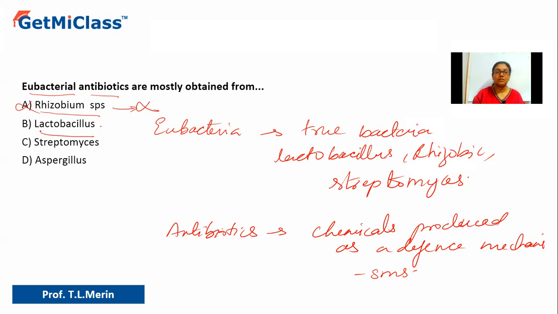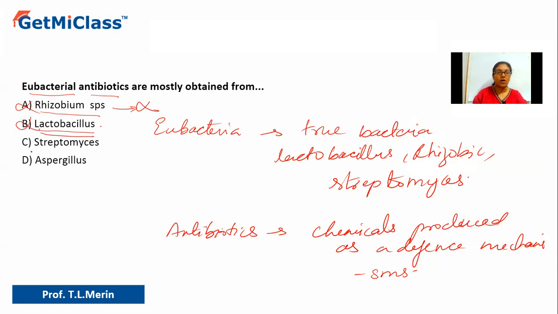But we don't use Lactobacillus for the extraction of antibiotics in high concentration, because the antibiotics it produces are not much use for human consumption. We have wide varieties of pathogenic organisms, so the antibiotics produced by these may not be very effective. That is why we don't use this for production of antibiotics at a large scale.